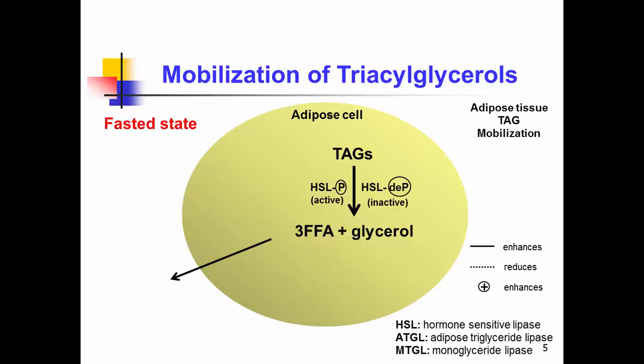The key enzyme for triglyceride breakdown is HSL, hormone-sensitive lipase, right? This is the key enzyme that regulates triglyceride breakdown, or triglyceride mobilization, or we also call this process lipolysis, right?